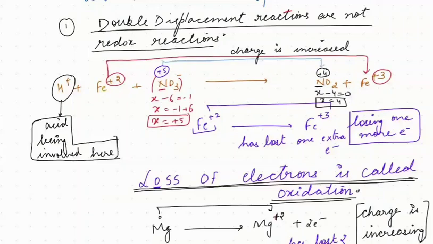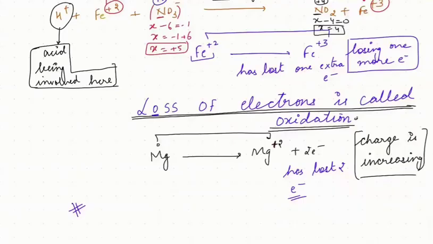That means it is reducing. Why? The charge in going from reactant to product is reducing. And thereby you understand why the charge is reducing.